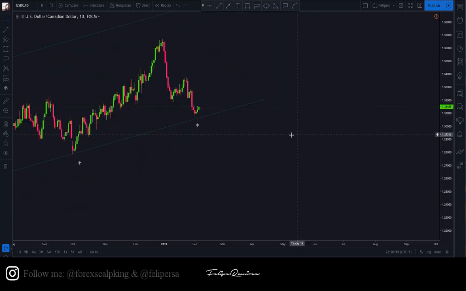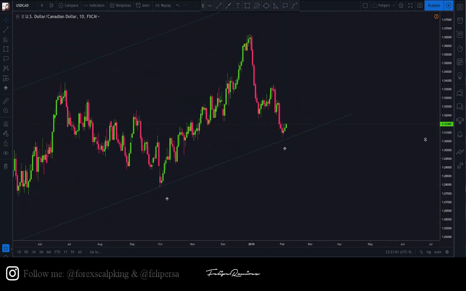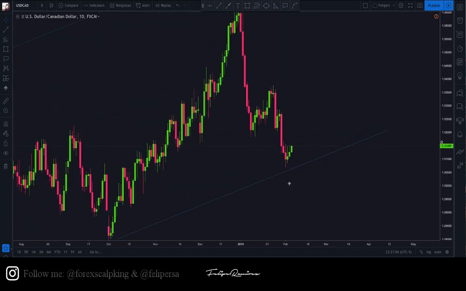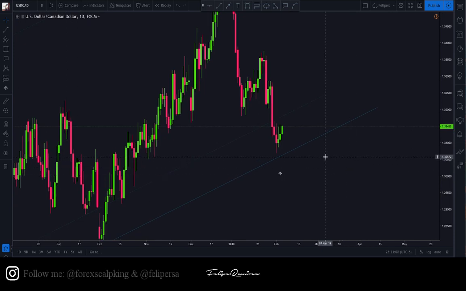Just to tell you somewhat of my trading strategies, it involves candlestick analysis, support and resistance, and pretty much price action.